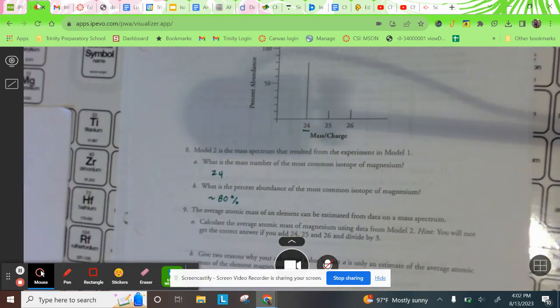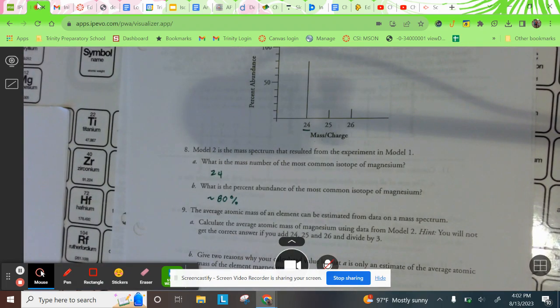Okay. The average atomic mass of an element can be estimated from data on a mass spectrum. Calculate the average atomic mass of magnesium using the data from Model 2. So remember, we have to do it like that formula we used before.